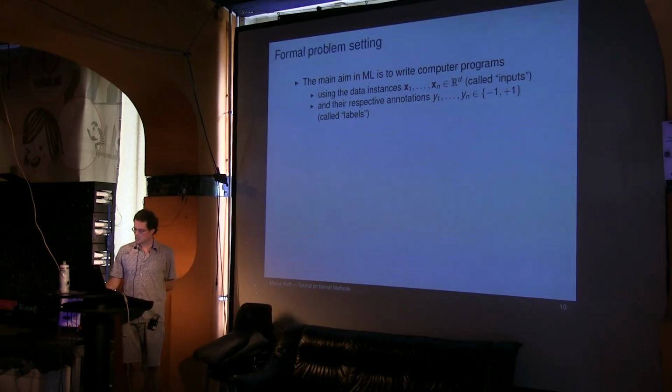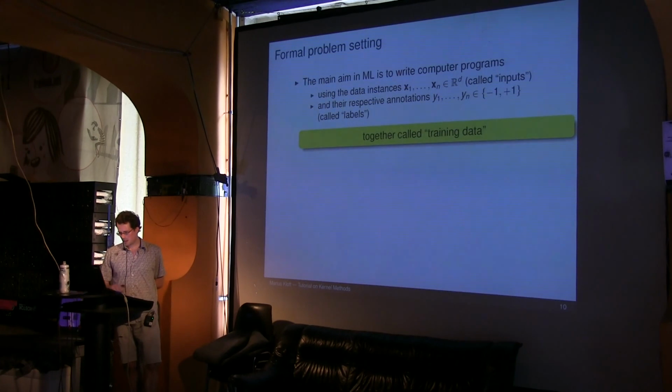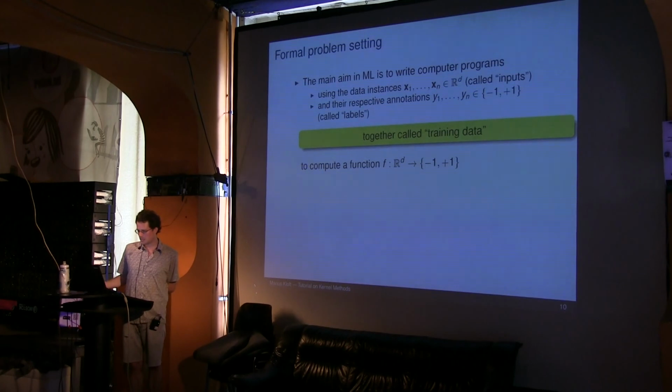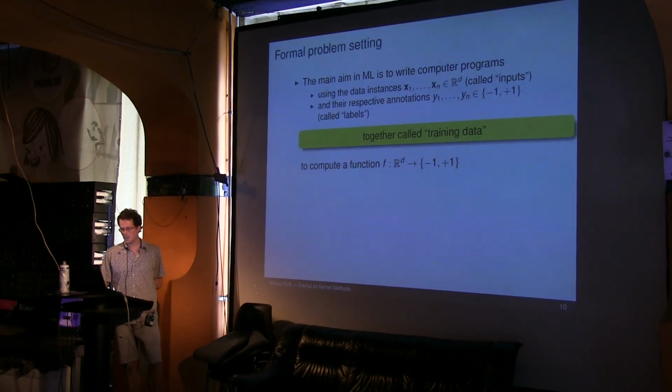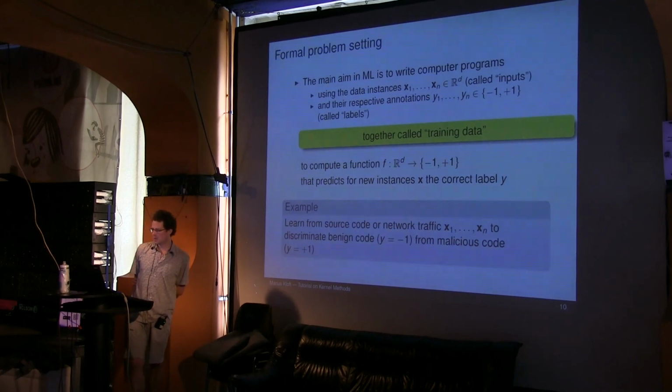In the simplest case, I assume that those are vectors and binary values respectively, and they are called training data, to compute a function that predicts the correct annotation if you get a new data instance. So this is the formal setup. For instance, in the IDS example, we would learn from source code or network traffic xi to discriminate benign code from malicious code.